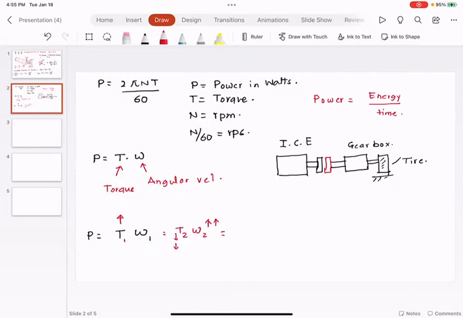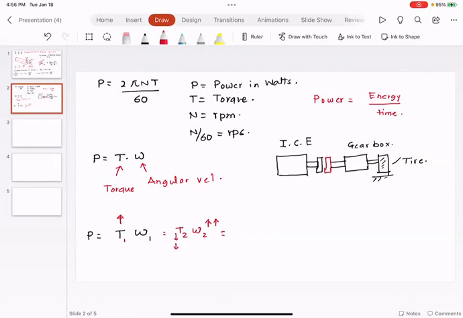All of a sudden, if you have to go uphill, then the traction that you need at the tire is more, because it needs more force to carry the weight uphill. So at that time, you go to the lower gear, that way you downshift, and then basically what you do is the speed drops down, torque increases, and you have the torque to go up the hill.